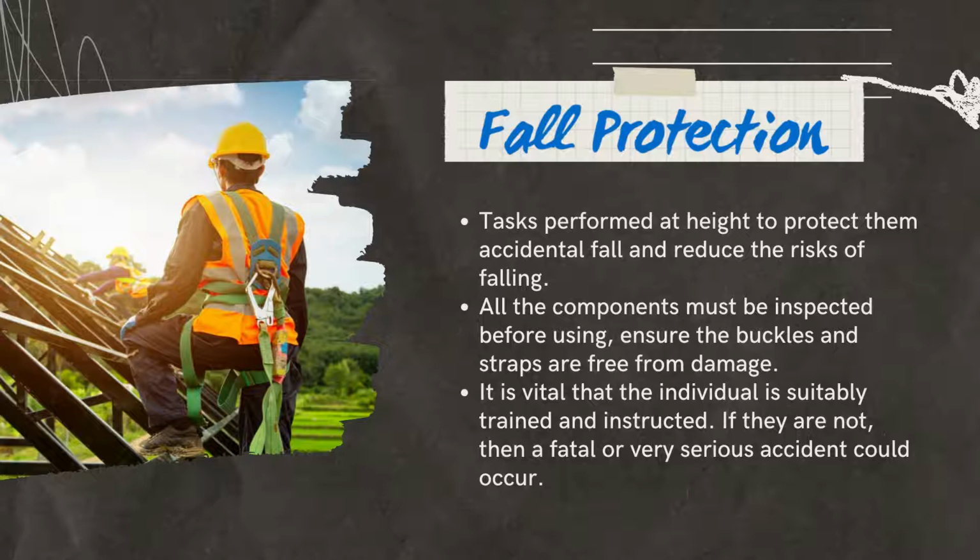It is vital that the individual is suitable, trained, and instructed. If they are not, then a fatal or very serious accident could occur. One of the examples for fall protection is the safety harness.